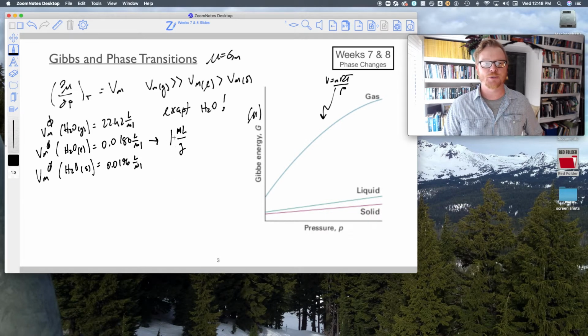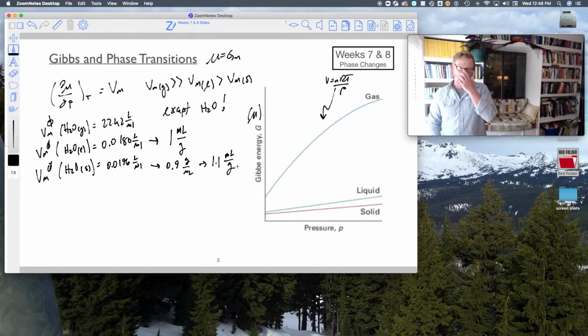So if I use 1.00000 milliliter per gram, then that's how I get to this number, okay? And then, of course, this is from the approximate 0.9 grams per milliliter, or about 1.1 milliliter per gram. So that's where these numbers are coming from.